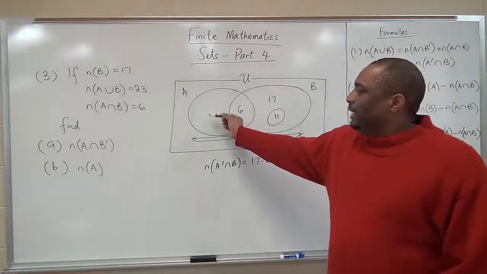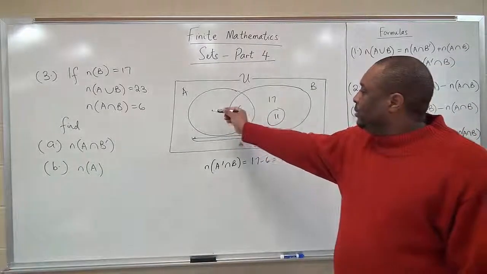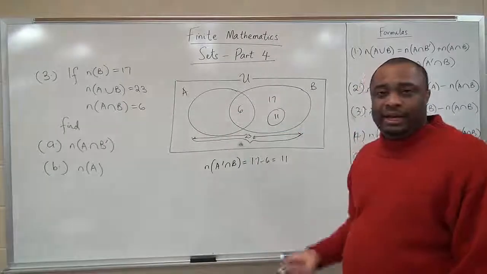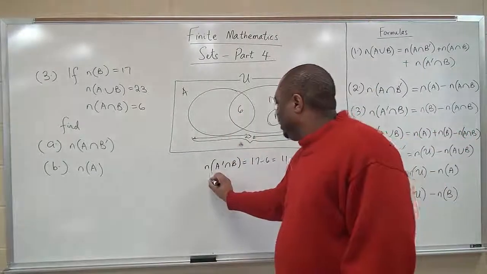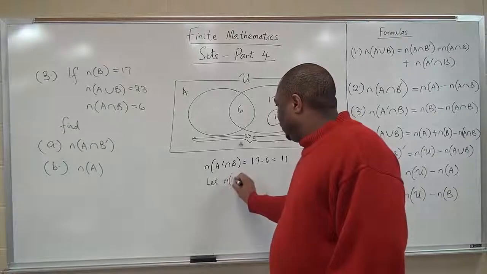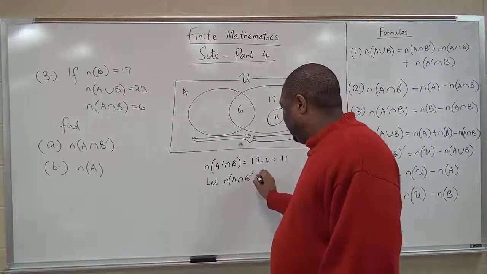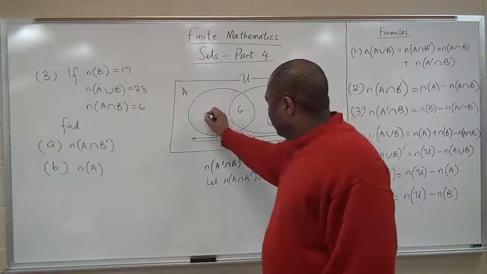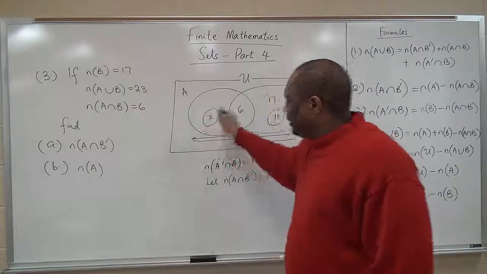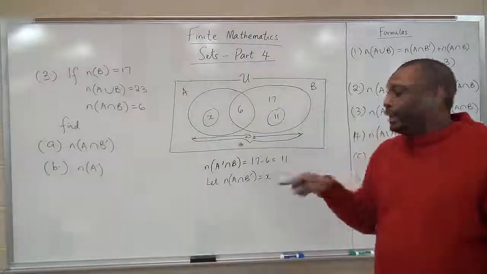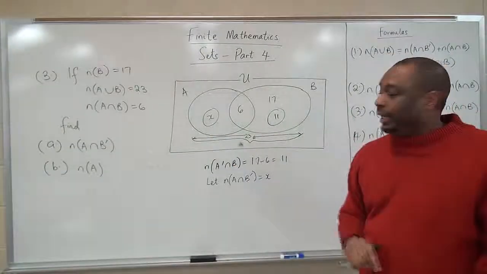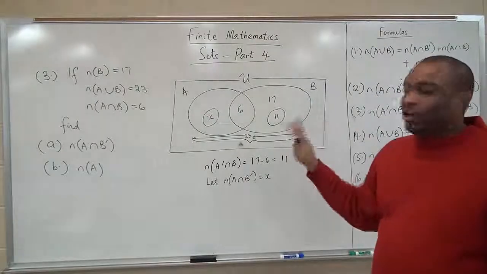So let's say that only A, let cardinality of A intersect B prime, only A, be X. Let me circle it to tell you it's only A. I like circling the only.